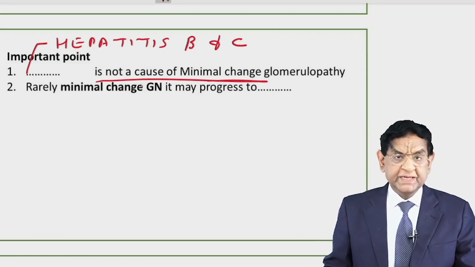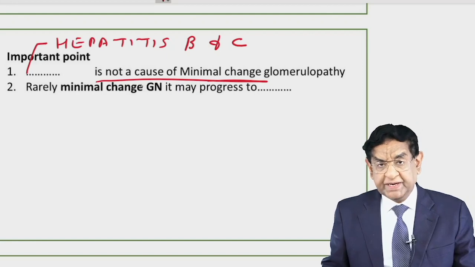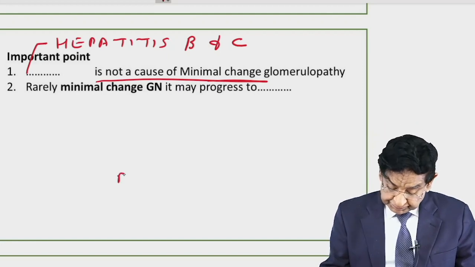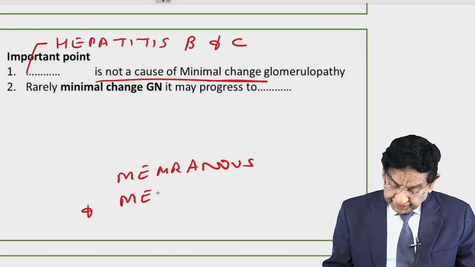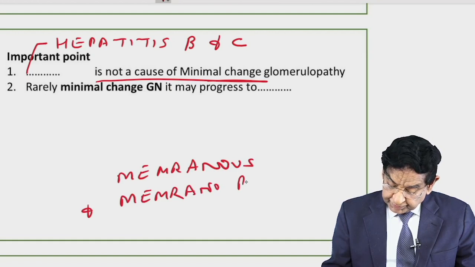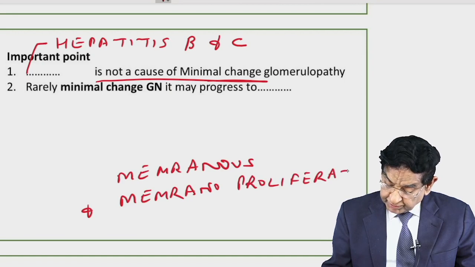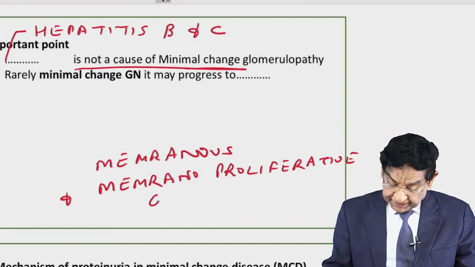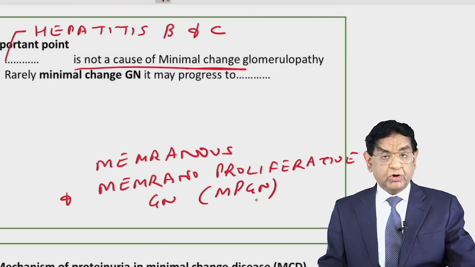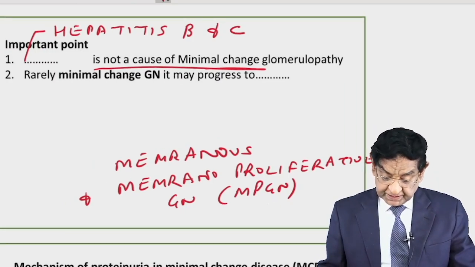Because hepatitis B and C are very important causes of membranous and membranoproliferative glomerulonephritis, so-called MPGN, but they do not cause minimal change.